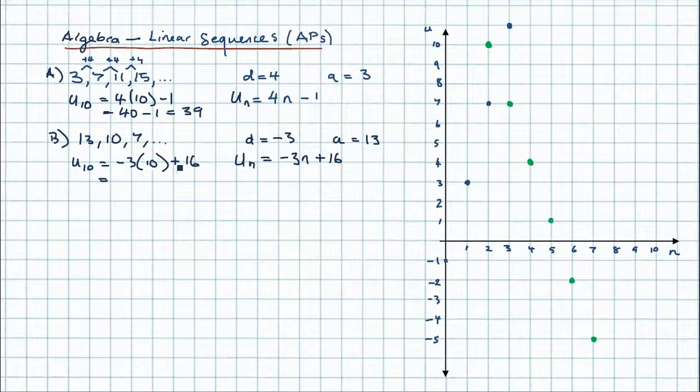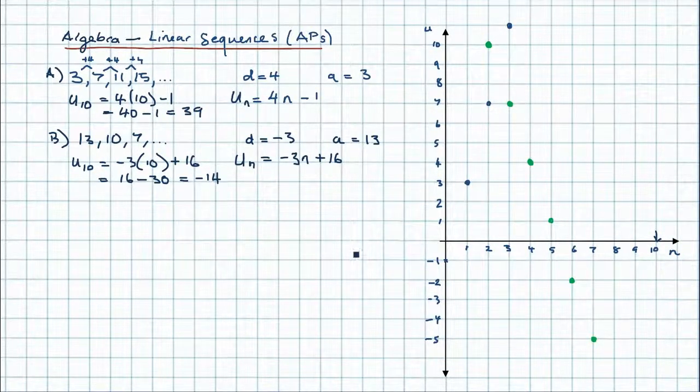I'm going to write 16 minus 30, just commute it. And 16 minus 30 is going to be minus 14. So, in other words, our 10th term, where n equals 10 here, would go down and down if we were to plot it off the graph at minus 14. Does that look like it would line up? Yes, it does. And so that's going to be correct.